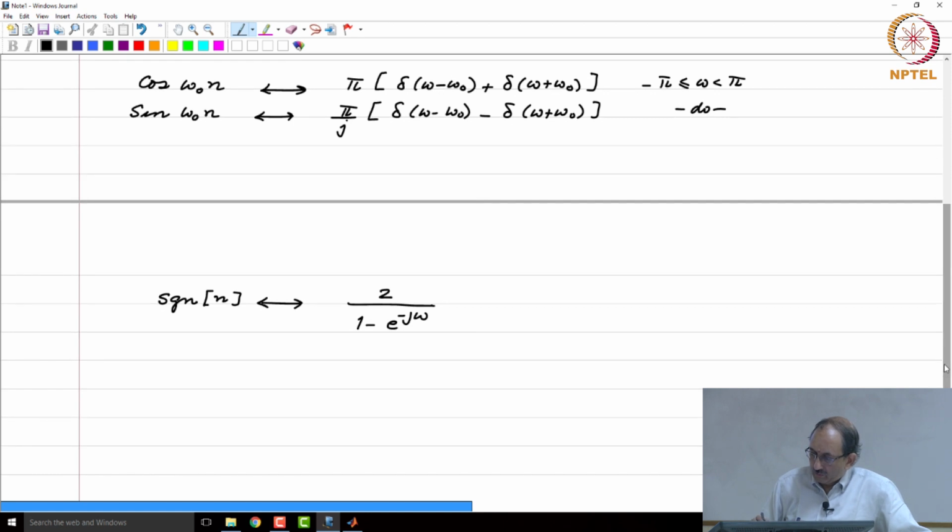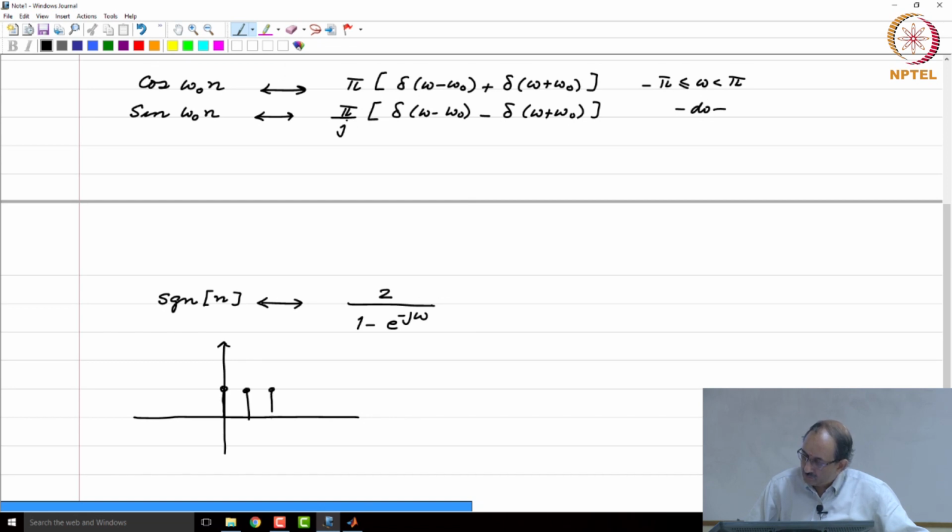The way this signum function is defined is like this. So it is 1 for n greater than or equal to 0 and minus 1 for n less than 0. So this is n, so this is 1 and this is minus 1.